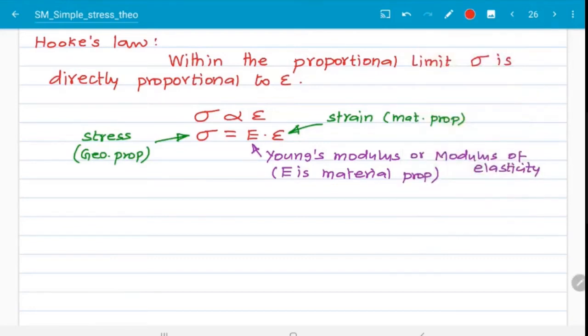Then what is the slope of the stress strain curve up to proportional limit?